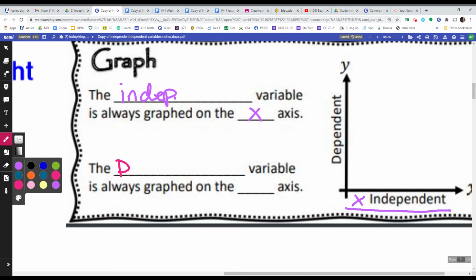The dependent is always going to be your y-axis. That's right here. So when we talked about miles per hour, this would have been your hour or your time. This would have been your distance or your miles. So the more hours she runs, the more distance she goes. Your graph would look like that.